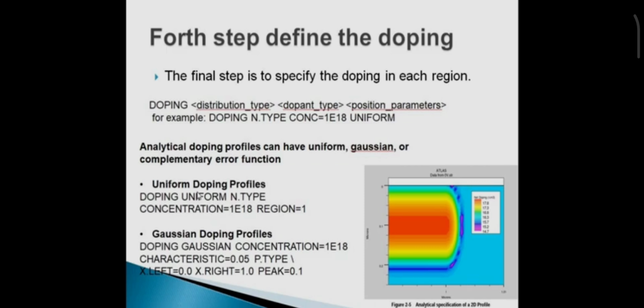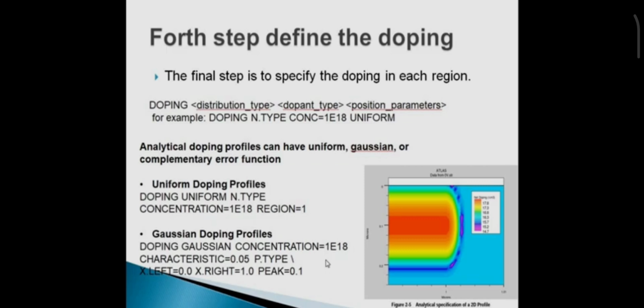The position parameters x.min, x.max, y.min and y.max can be used instead of the region number. The second doping statement specifies a p-type Gaussian profile with a peak concentration of 10 raised to the power 18 per centimeter cubed. This statement specifies the peak doping is located along a line from x equal to 0 to x equal to 1 micron.